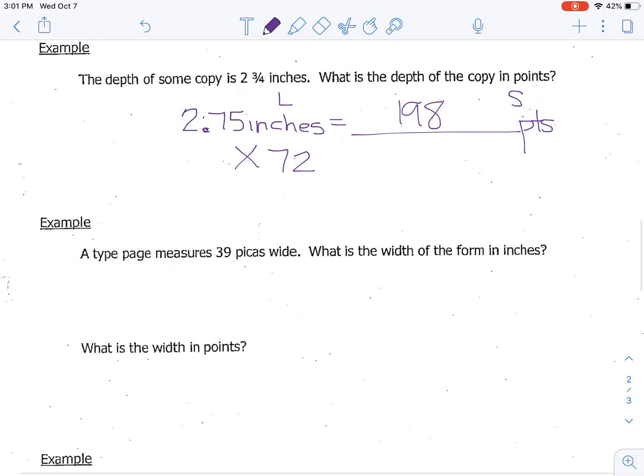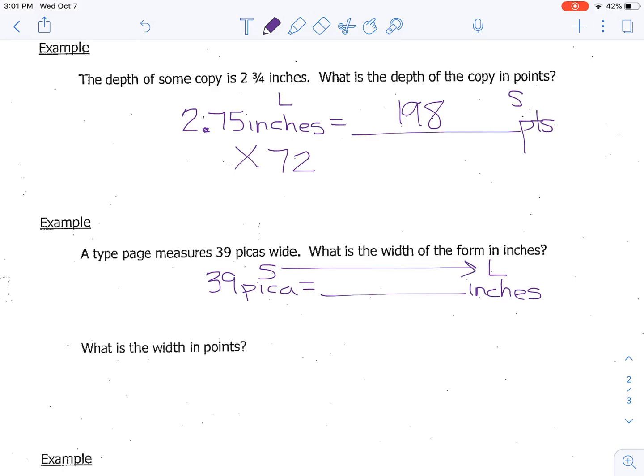Let's look at another example here. This says a type page measures 39 picas wide. What is the width of the form in inches? So inches are larger than picas. So in this problem, we're going from a small unit into a larger one, which means that we would divide by some conversion factor.